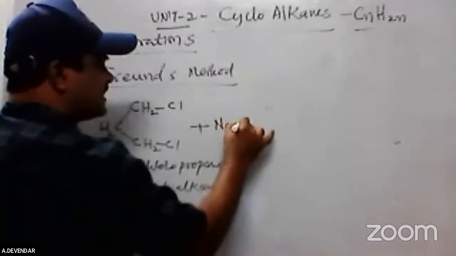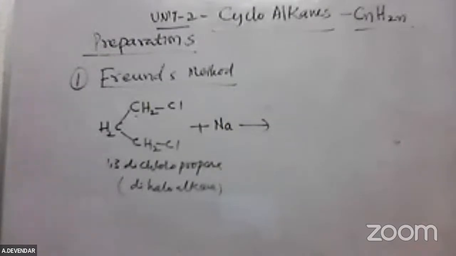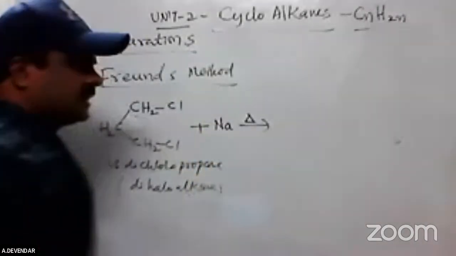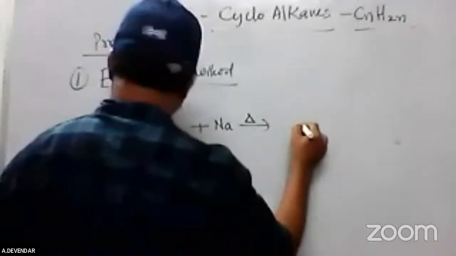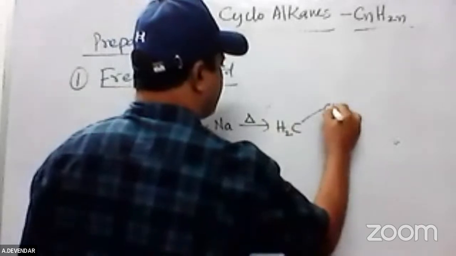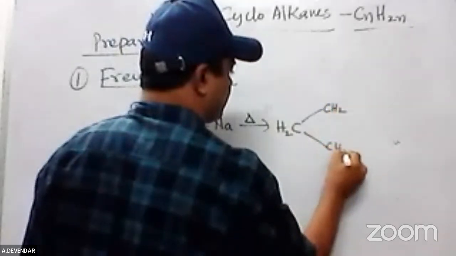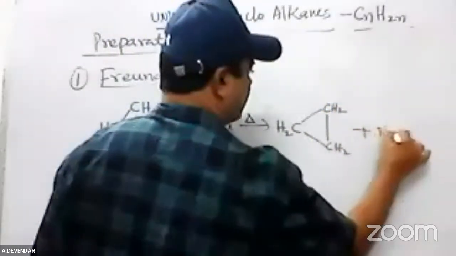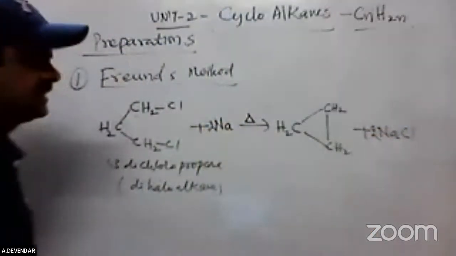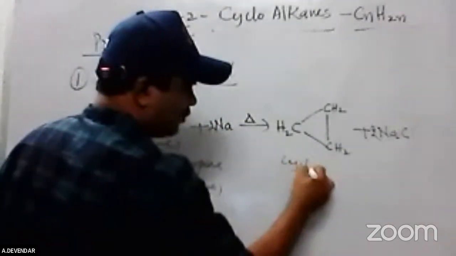Okay, these dihaloalkanes are treated with sodium metal. I already told you that alkyl halide is treated with sodium metal. So in the presence of heat, this particular dihaloalkane gives sodium chloride and cyclopropane.